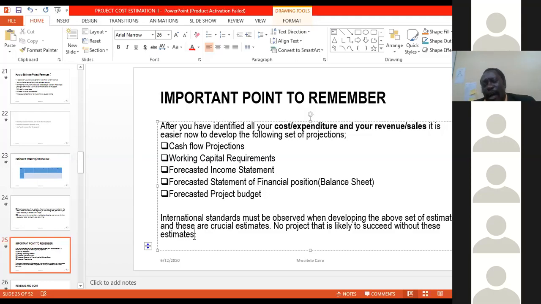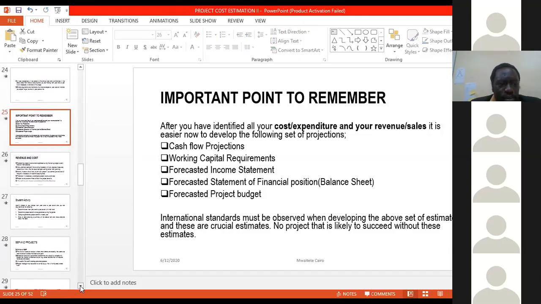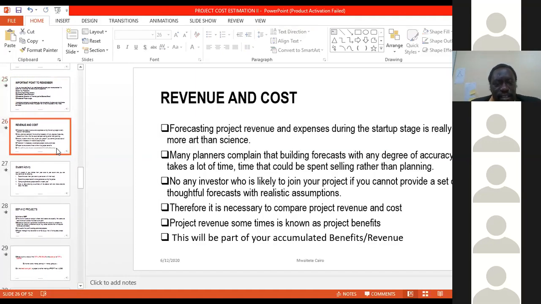You will know how much your project is likely to encounter in the process while running, and what revenue is likely to be generated. So once revenue and cost have been planned, you can easily measure the benefits. Okay, so you can prepare another table.